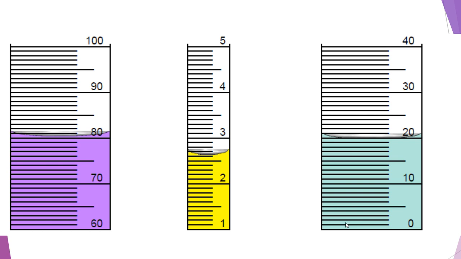Okay, so hopefully you've paused the video. You have written down your answers for each of these 4 graduated cylinders. And here are your answers, so you can check your work. On the first one, I have 80.5 because we're halfway between 80 and 81.